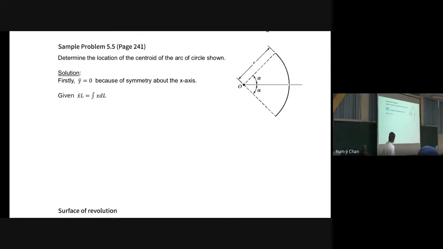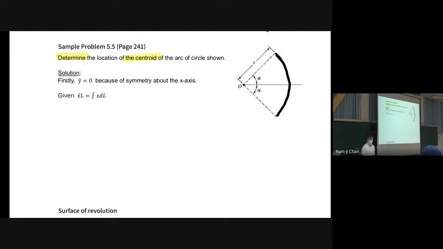Determine the location of the centroid of the arc of circle here. This arc of circle goes from angle minus alpha to plus alpha.